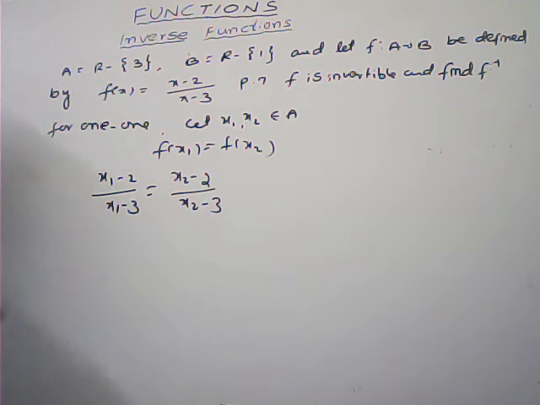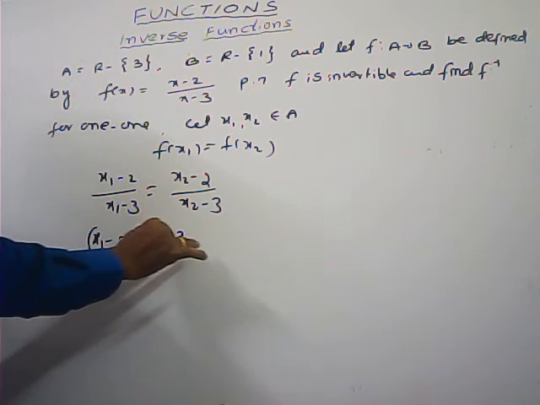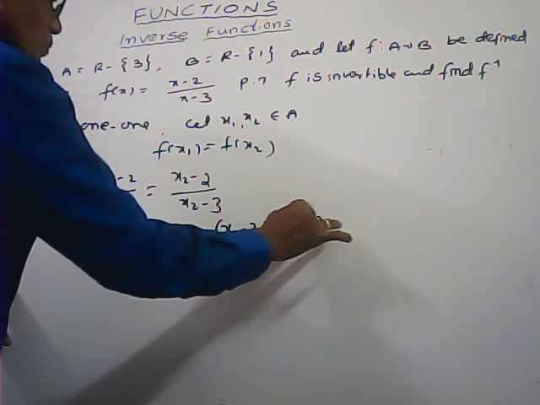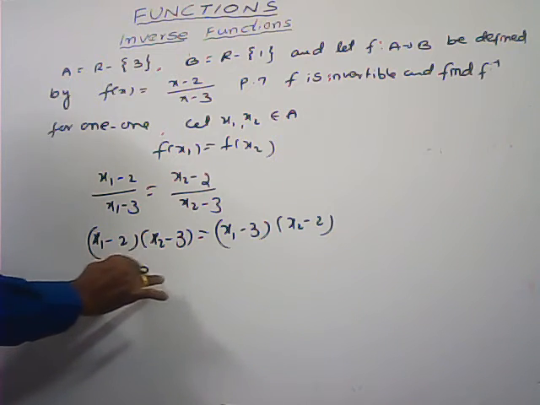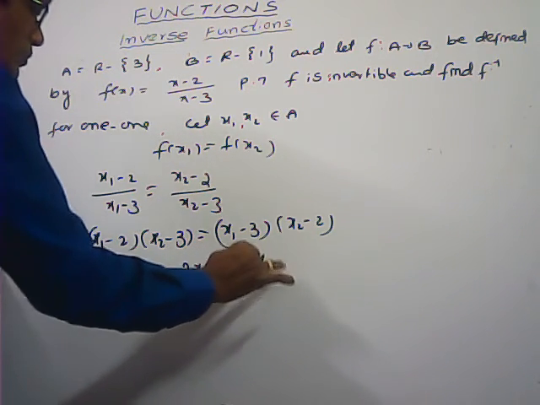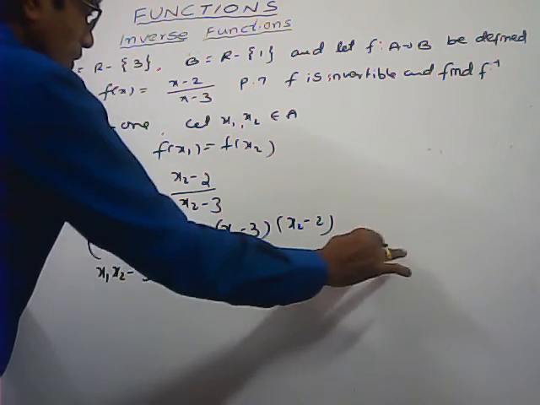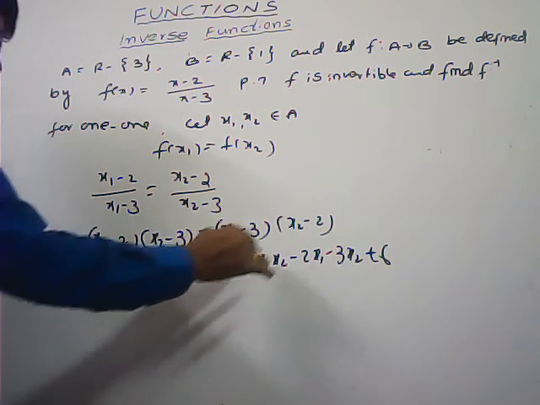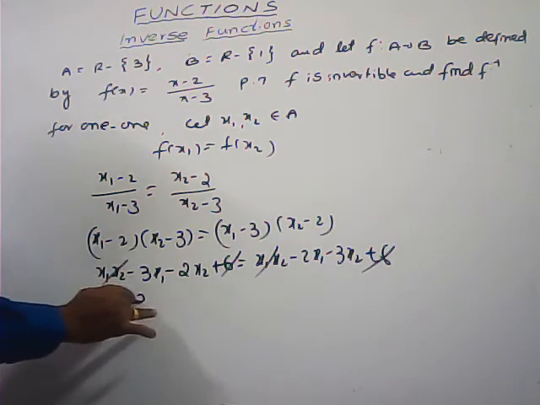You can take the cross multiplication here. x1 minus 2 into x2 minus 3 is equal to x1 minus 3 into x2 minus 2. Here you can simplify this one. x1 into x2 minus 3x1 minus 2x2 plus 6 is equal to x1 into x2 minus 2x1 minus 3x2 plus 6. Now simplify this one. Here x1, x2 both get cancelled, 6 also gets cancelled, minus 3x1 plus 2x1.